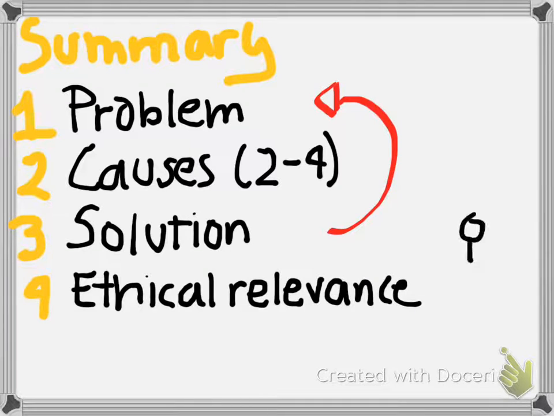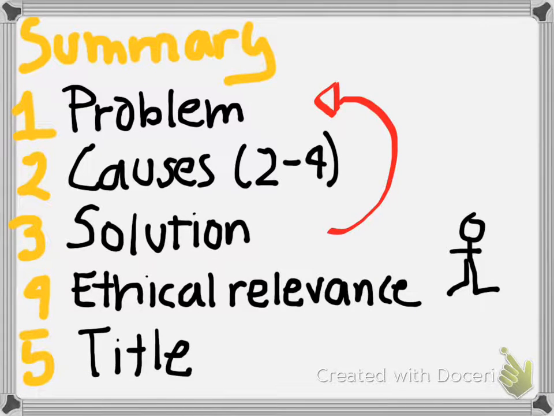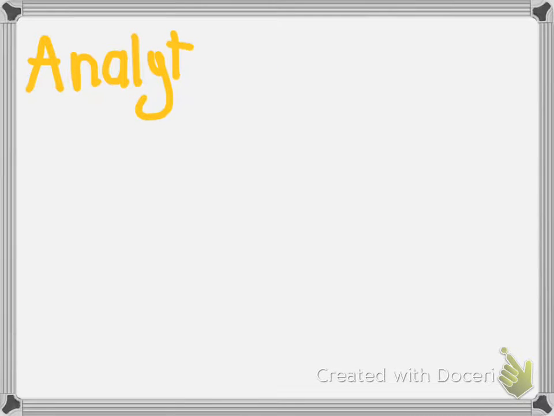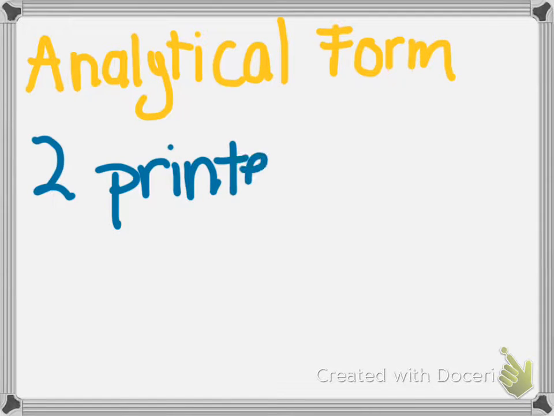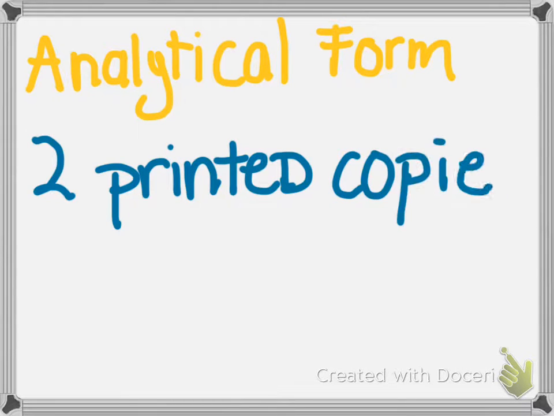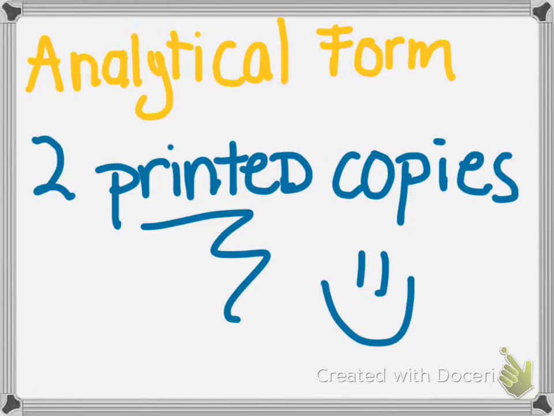You chose a title. Now, go to the template called Analytical Form and fill in your outline. Don't forget to bring 2 printed copies for the next class. In case you need it, at the Schoology, there is also a sample of an outline on process automation with an analytical form.